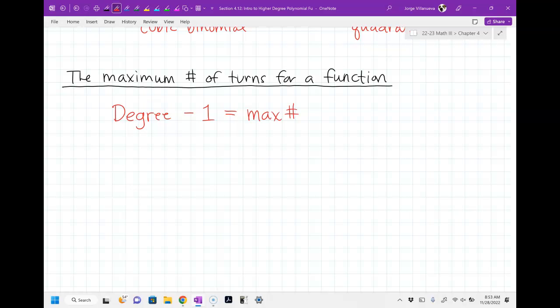So you have to be able to identify the degree, which we were just talking about. So your degree minus 1. Let me give you example number 2, and then we'll move on to the more messy portion of the lesson. Example number 2, write the maximum number of turns.